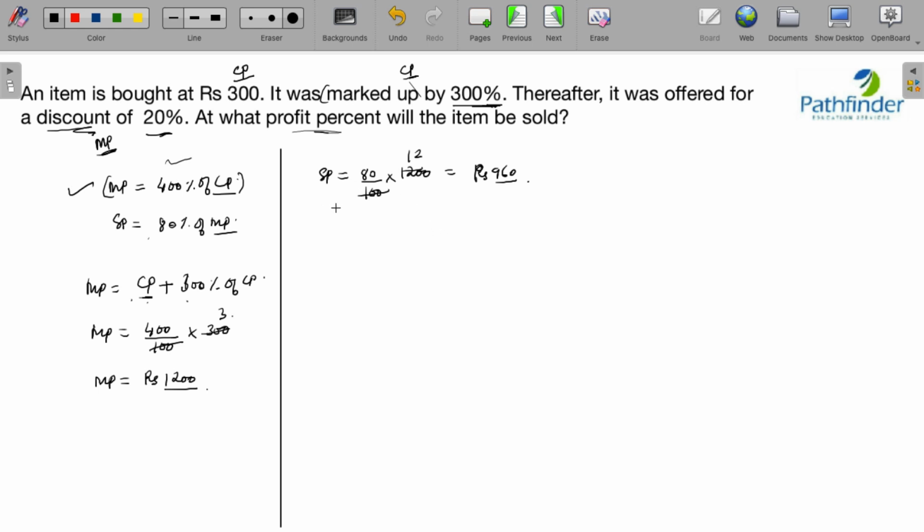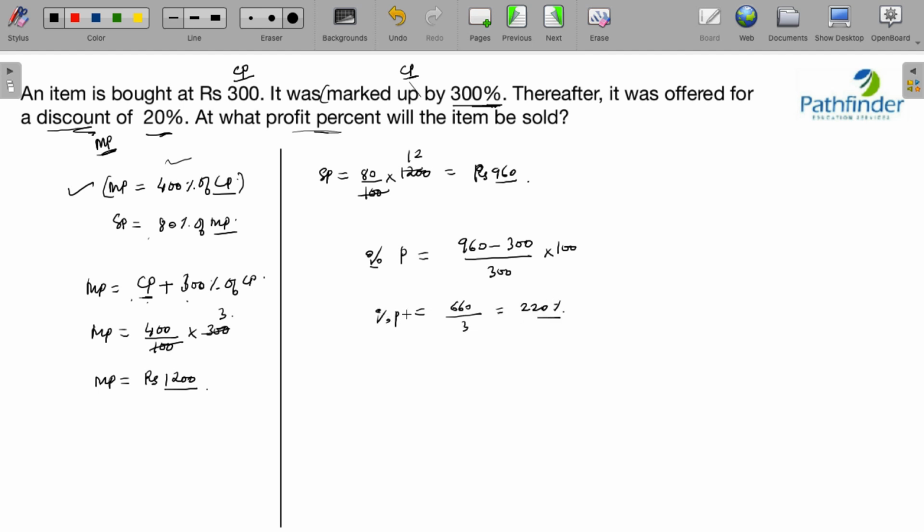So we have been able to calculate the selling price also. Now percentage profit is selling price minus cost price upon cost price multiplied by 100, which is 660 upon 3.